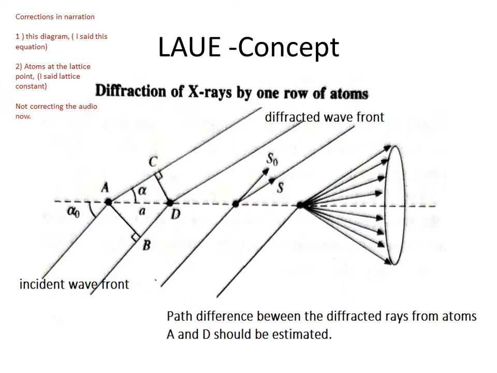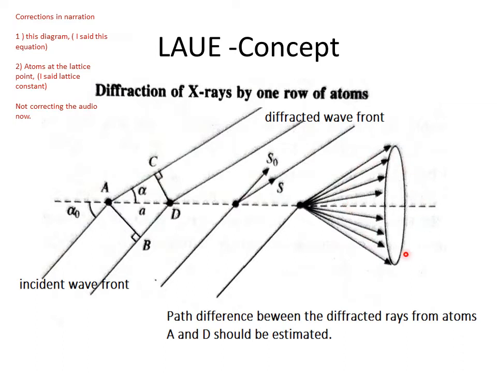For a given direction of incidence alpha 0, we can imagine a set of rays having the same value of alpha with respect to this line of atoms, and all those rays will be lying on the surface of a cone like this.